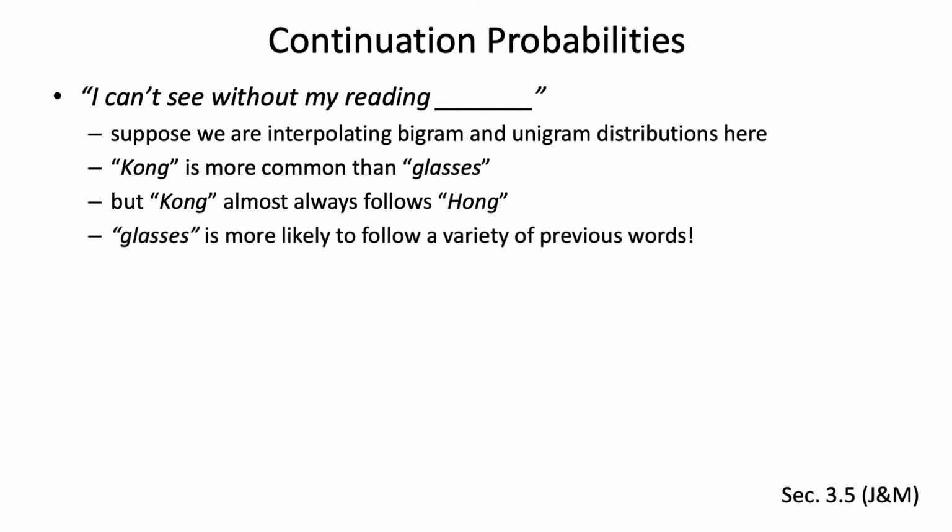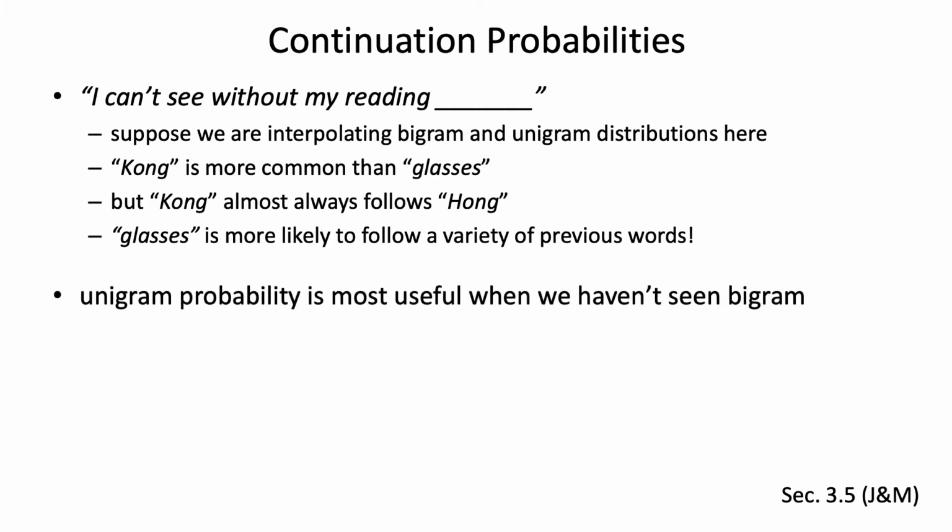By contrast, glasses follows a wider variety of previous words. And more generally, when we're interpolating bigram and unigram distributions, we would expect the unigram probability to be most useful when we have not seen the bigram. That's when we really need to rely on the unigram probability.